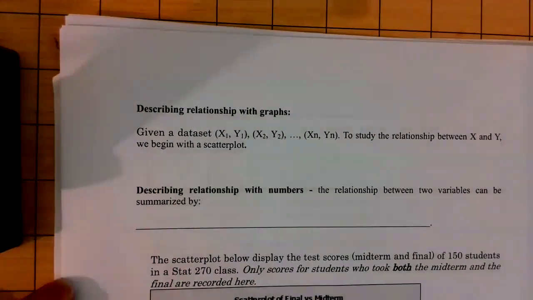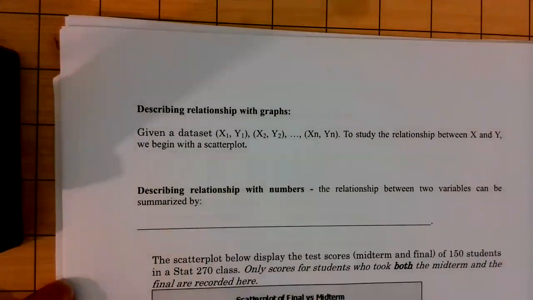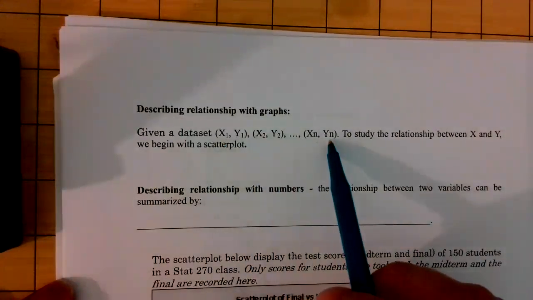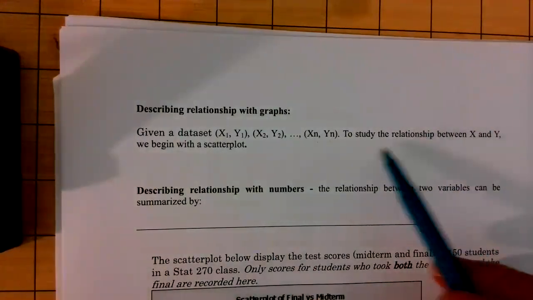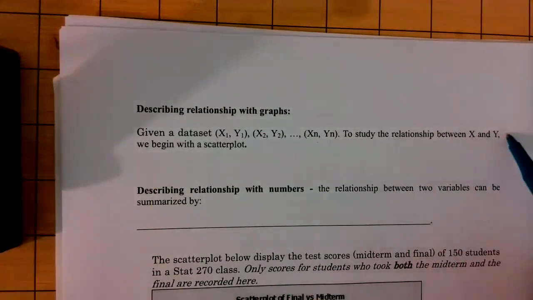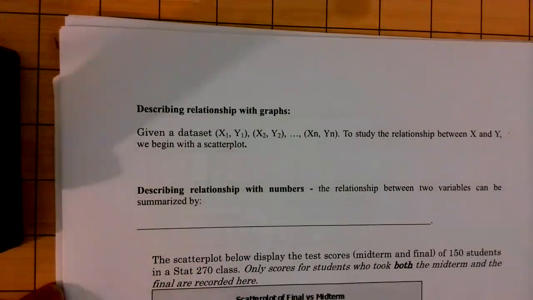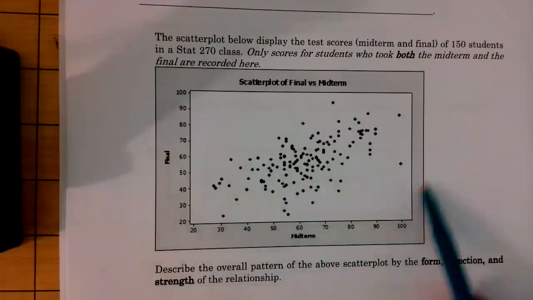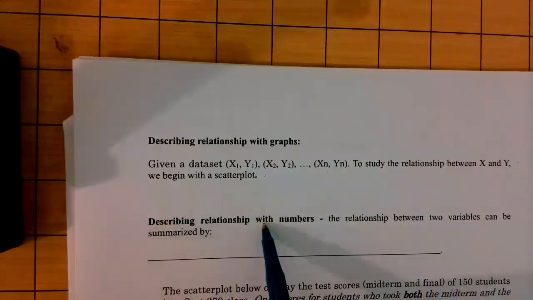As I mentioned before, when people give us a data set, we can describe the data set with graphs or with numbers, okay? So when we are given the bivariate data set, to study the relationship between x and y, we begin with a scatter plot, okay? This is use graph to study the relationship. And this is a scatter plot. Now, describing relationship with numbers.